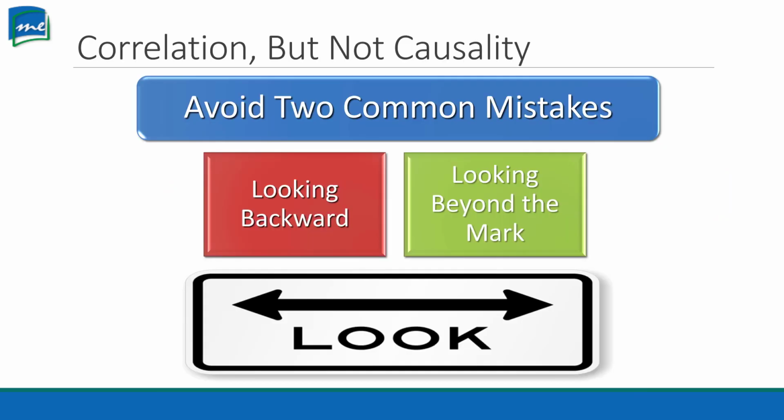So we have two common mistakes when it comes to data in supply chain. So it's correlation but not causality. As with all data, when we look backwards, that data does not necessarily predict the future.